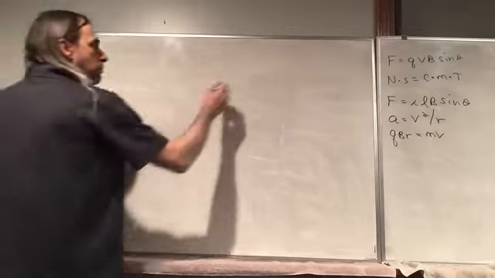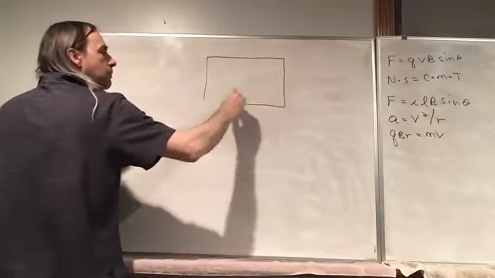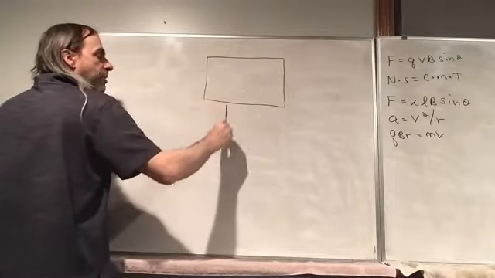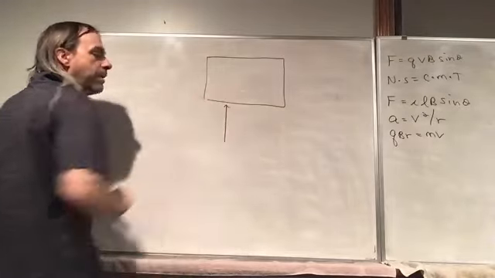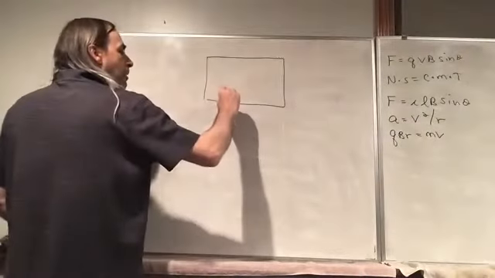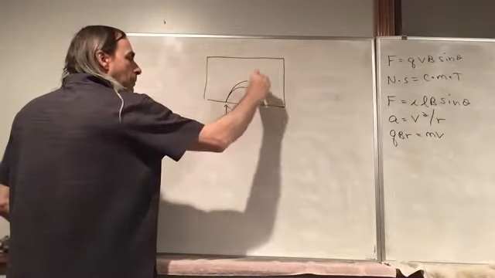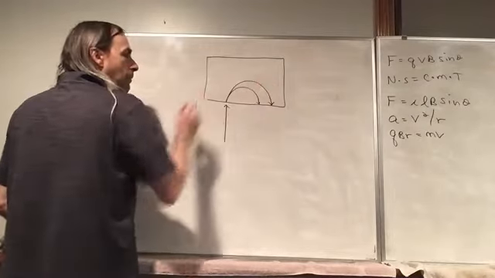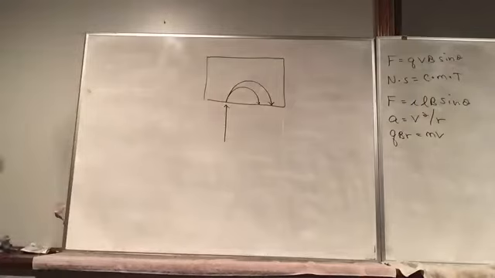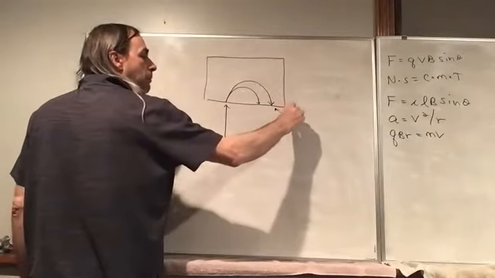So if you send two different types of particles that have the same charge and the same velocity but different masses, they're going to move through different circular arcs, where this would be the more massive particle.